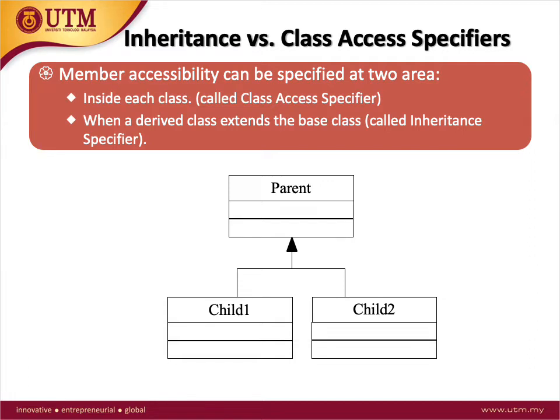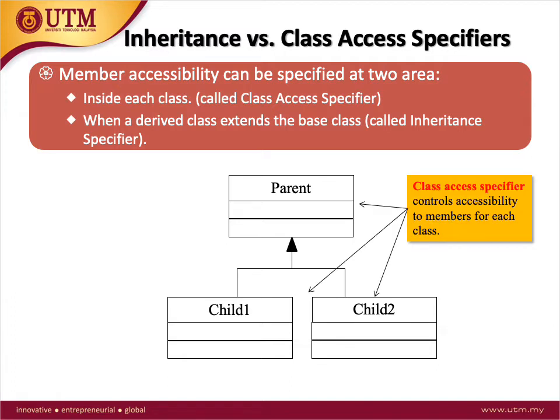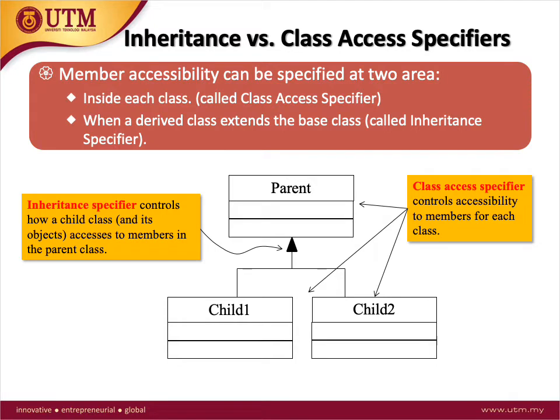And if you want to access from the derived class to the base class, we call it the inheritance specifier. Inside the class, the class access specifier controls accessibility to members for each class. The inheritance specifier is for the child class that wants to access the members in the parent class.